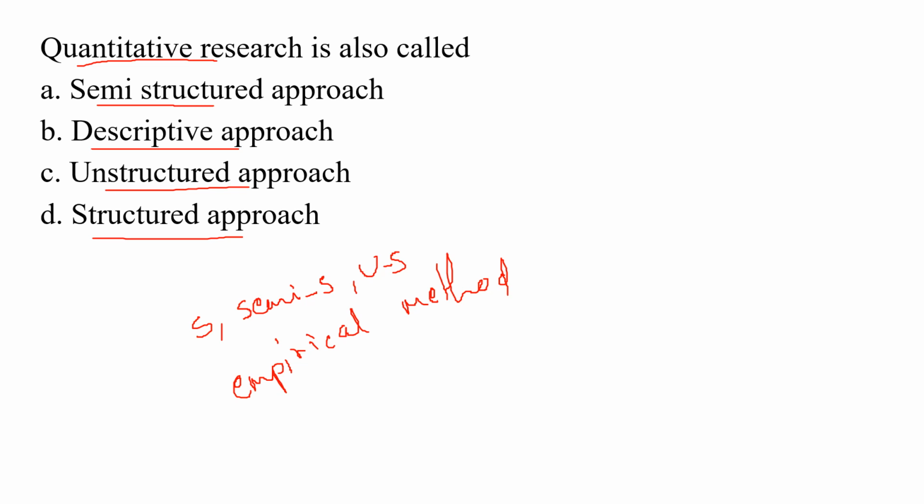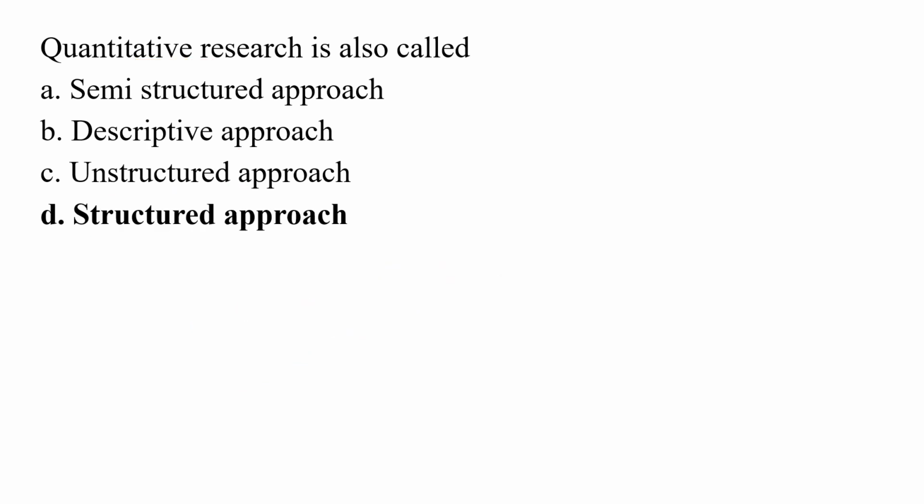And qualitative research, that is an unstructured approach, is an approach for exploring and understanding social and human problems as described by individuals, and it aims at gaining deep understanding of a specific organization or an event and provides narrative data. So according to the explanation, the correct answer for this question will be option D. Quantitative research is called structured approach.